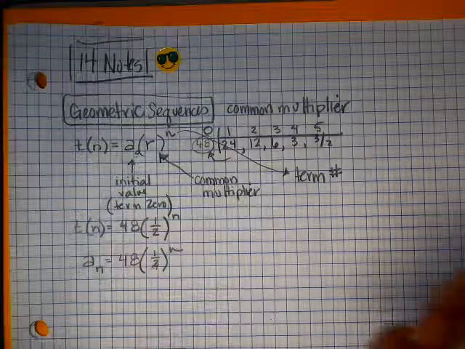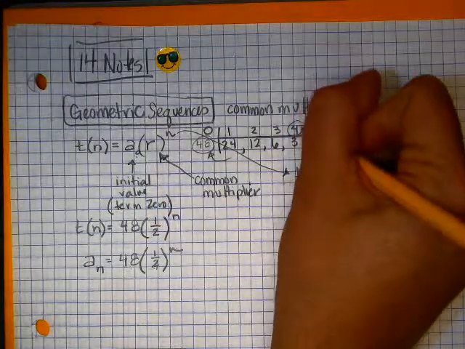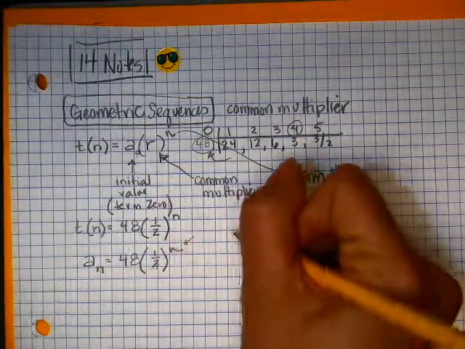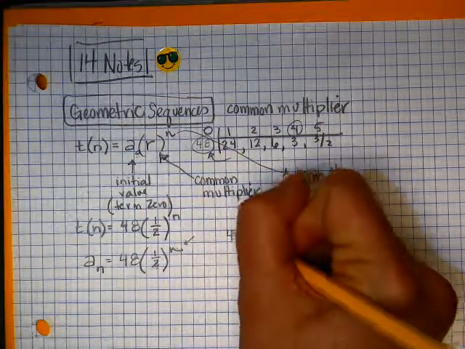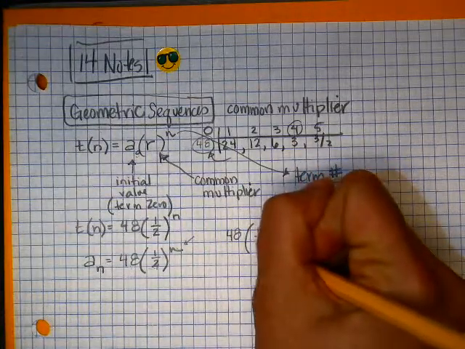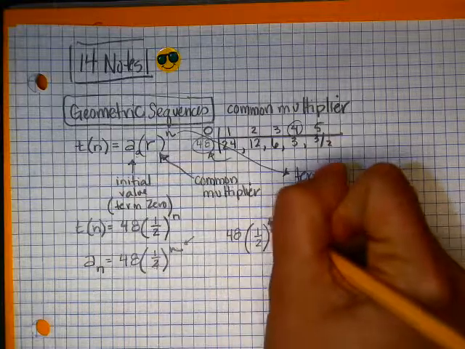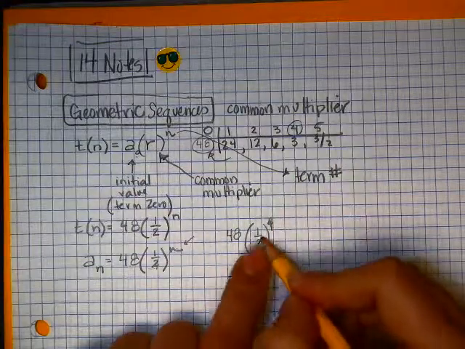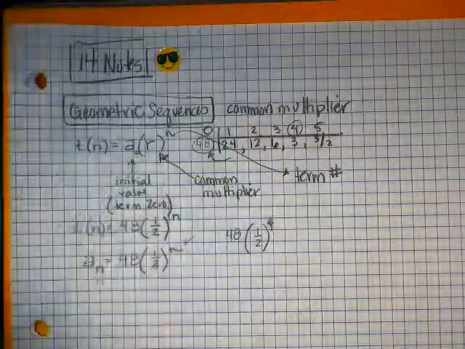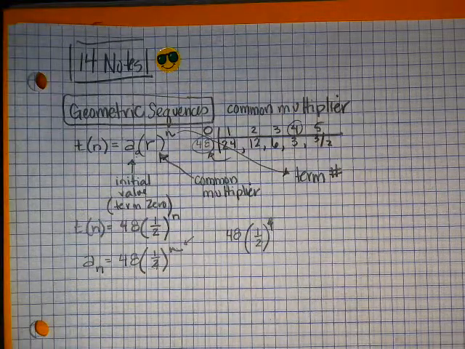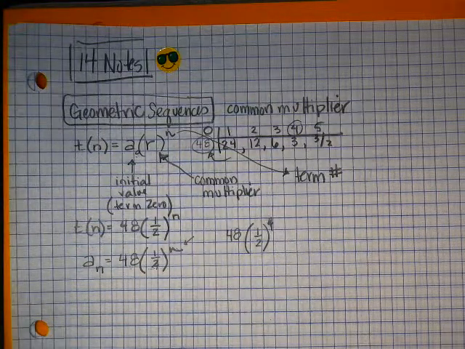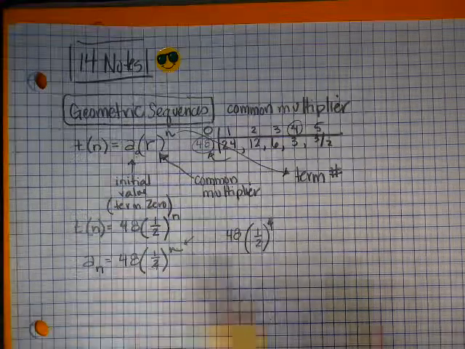Now, here's the kicker. If I plug in 4 into here, 48 times 1/2 to the 4th power. That just means 1/2 times 1/2 times 1/2 times 1/2, 4 times. 2 to the 4th power is 16.